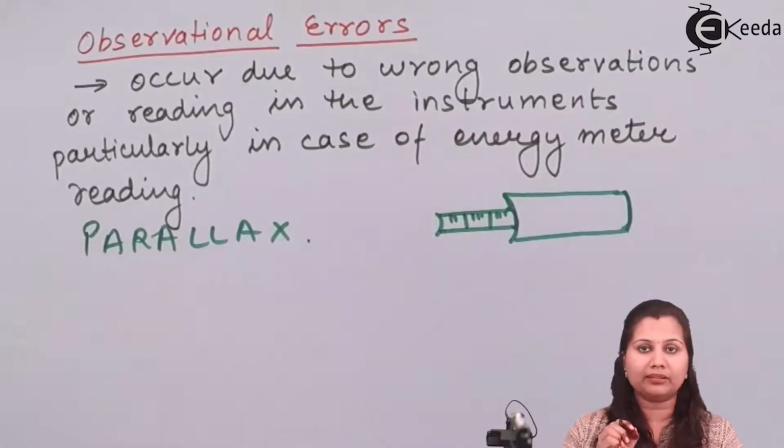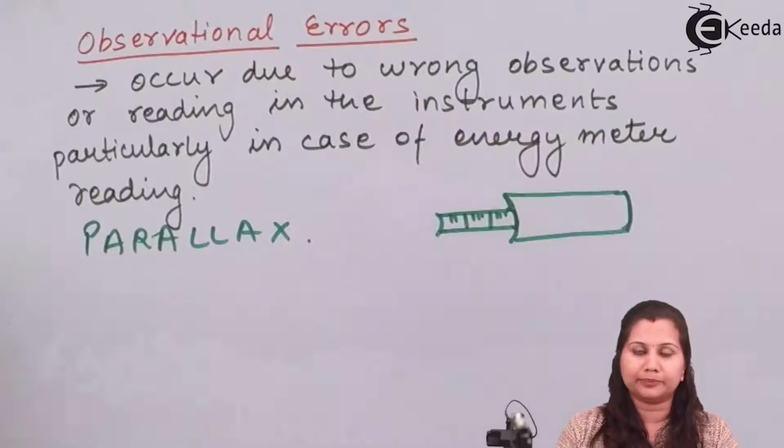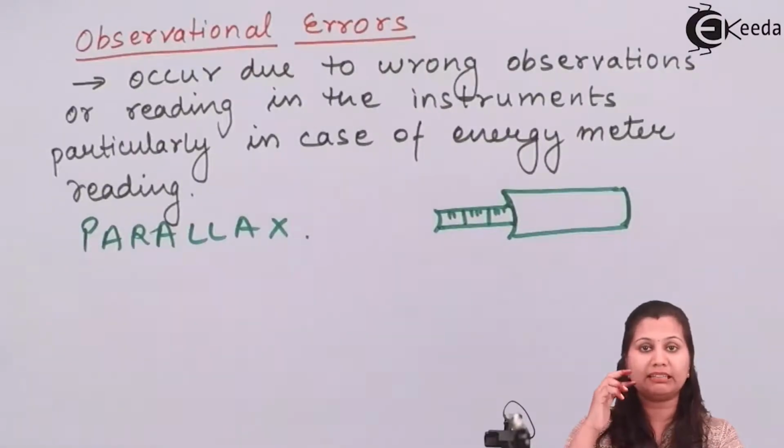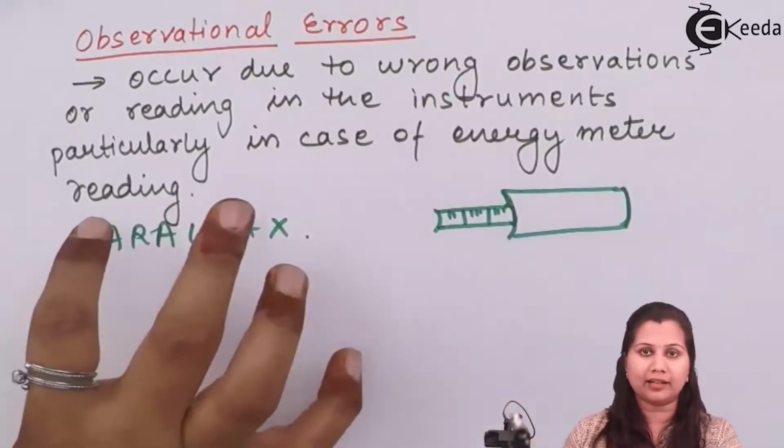Now, when we are making the reading, if the observer makes some mistake in recording that reading, parallax error can occur, because of the difference in the reading at the time of reading.